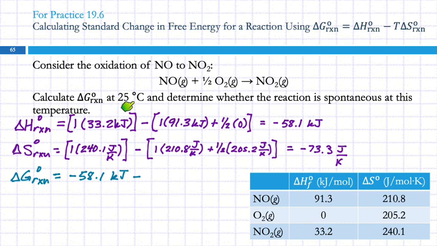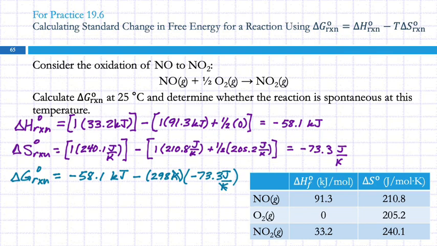We're looking at 25 degrees Celsius, which is 298 Kelvin, times delta S, negative 73.3 joules per Kelvin. Those kelvins are going to cancel out.